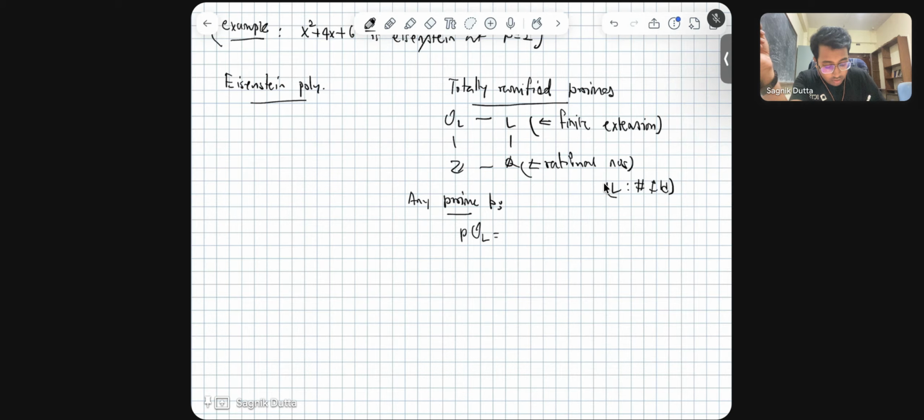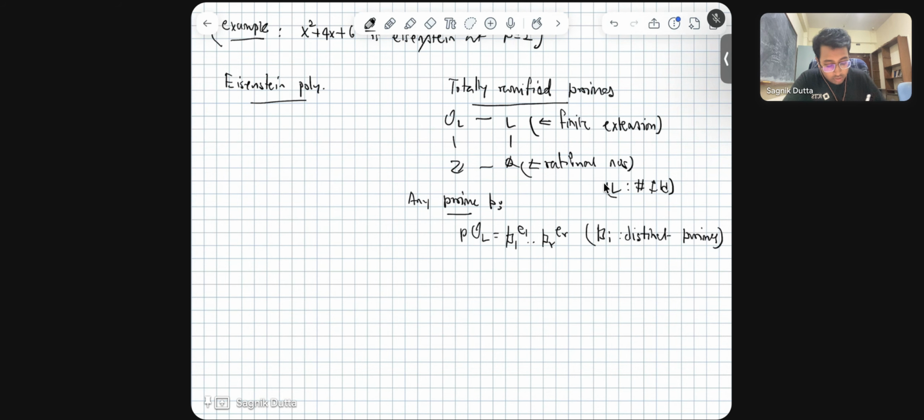So here there will be some primes, each pi is a distinct prime. Suppose there are many of them, and each pi repeats ei many times.